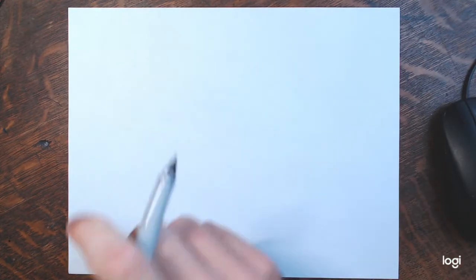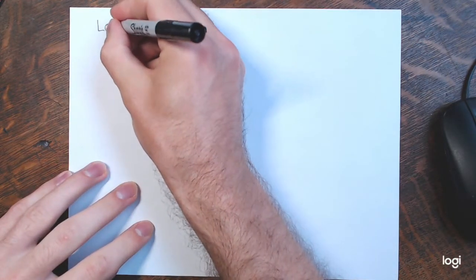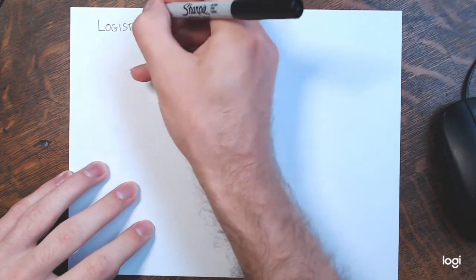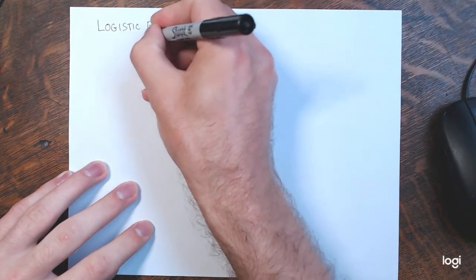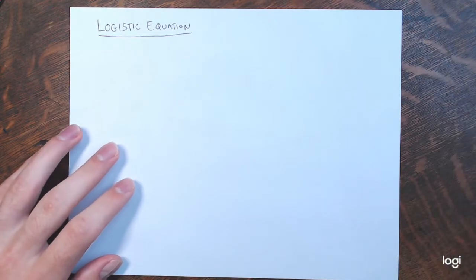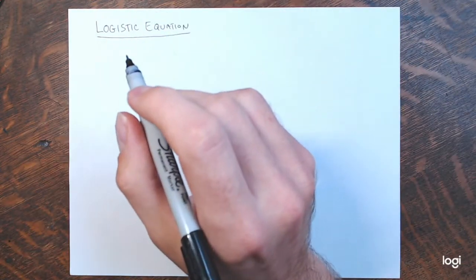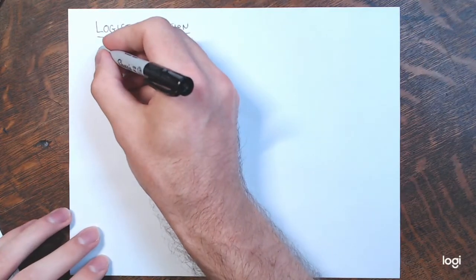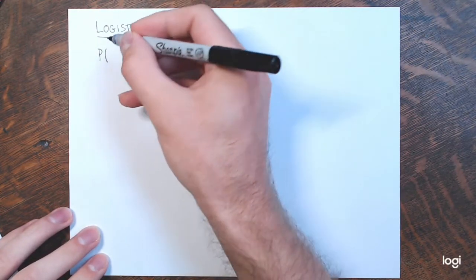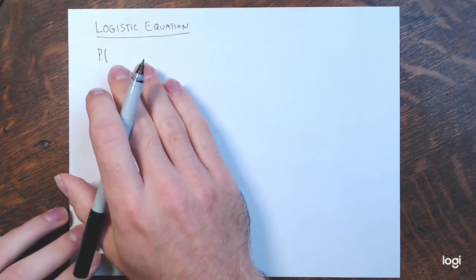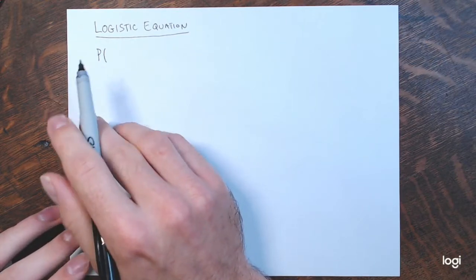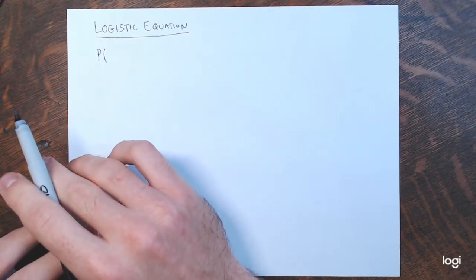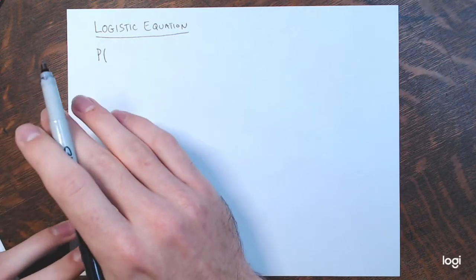Okay, so let's talk about the logistic equation. It is a first order nonlinear equation, and it looks like this. In my discussion of the logistic equation, the population could be people, or an amount of bacteria, or the amount of people that have heard a rumor or have a disease.